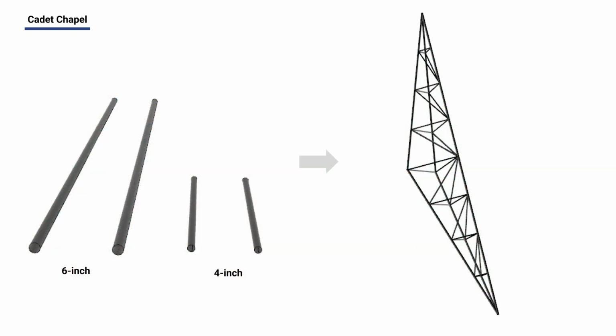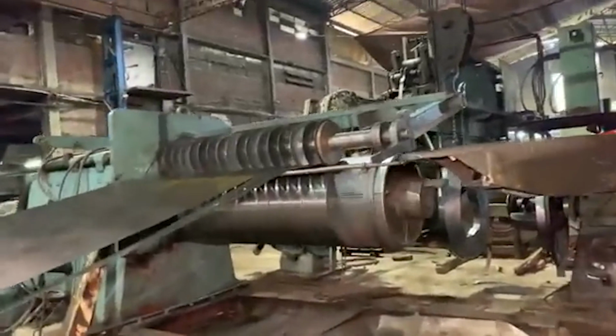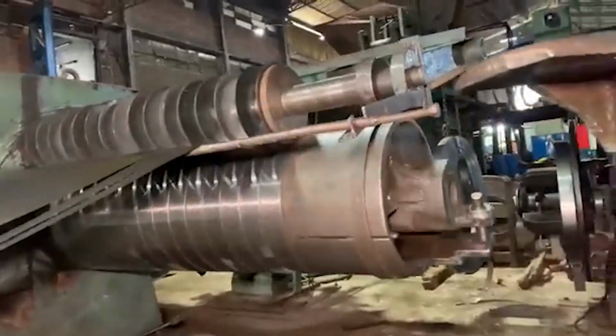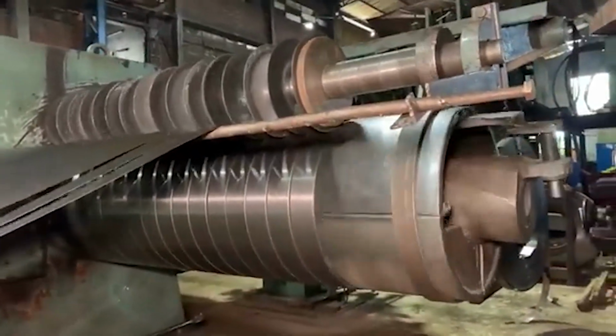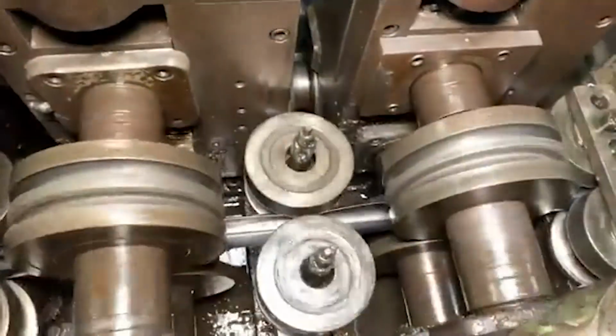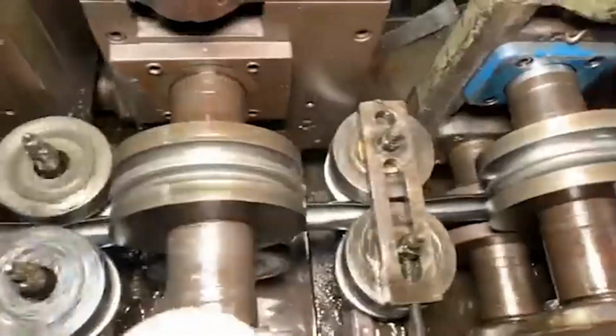The 6-inch and 4-inch diameter steel pipes used as the primary and secondary structural members were sourced from steel mills located in regions renowned for their steel production. This ensured access to high-quality materials that met the stringent requirements for strength and durability necessary for the chapel's design.